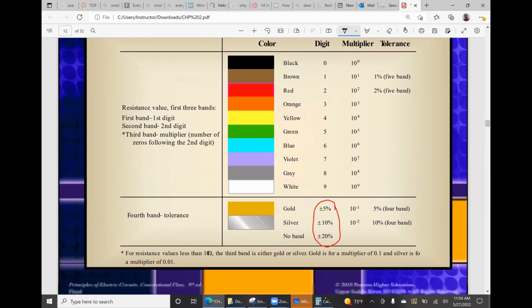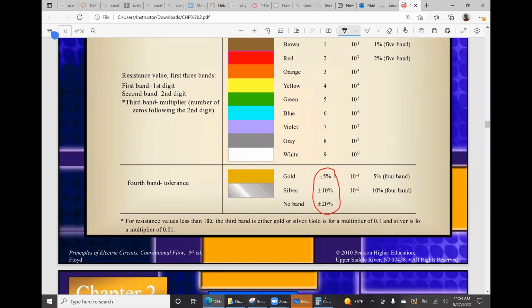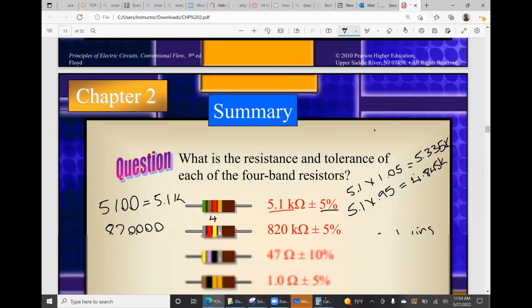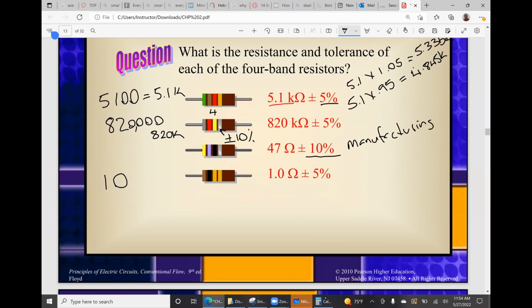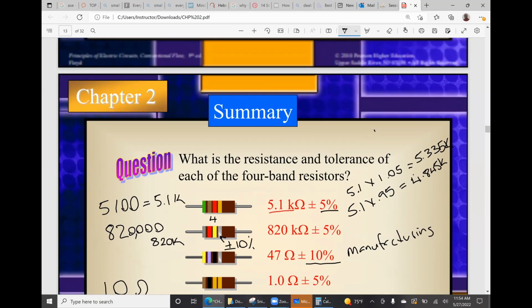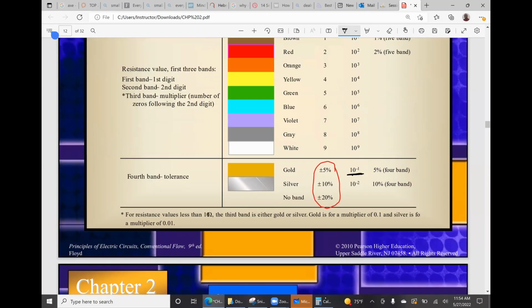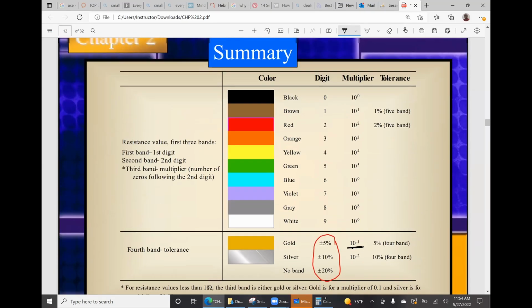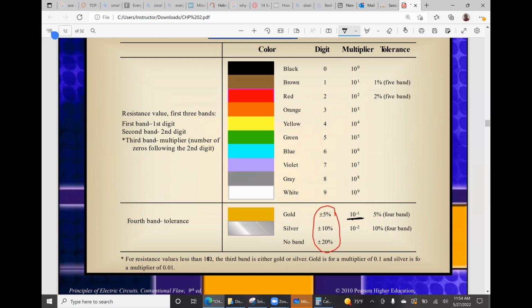When we have gold in the multiplier, this is letting us know that instead of adding zeros, we need to divide by 10. So when we divide this by 10, we're going to get 1. So this is how we get 1 ohm, right? You can see it right here. For gold, the multiplier is going to be 10 to the minus 1. So this is divided by 10.